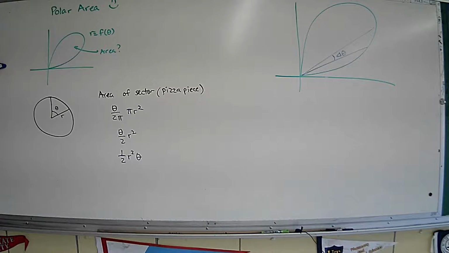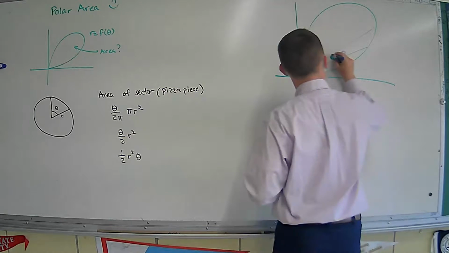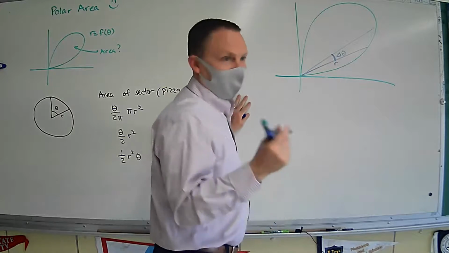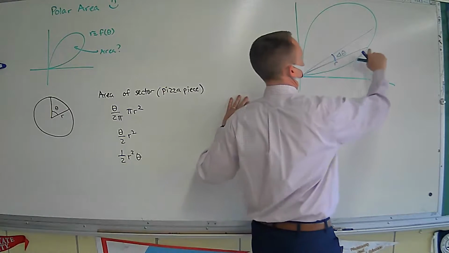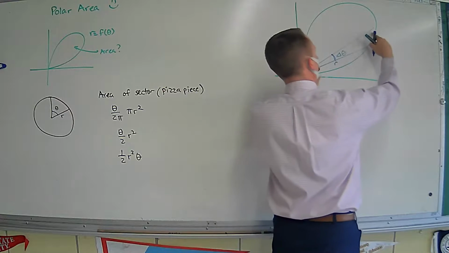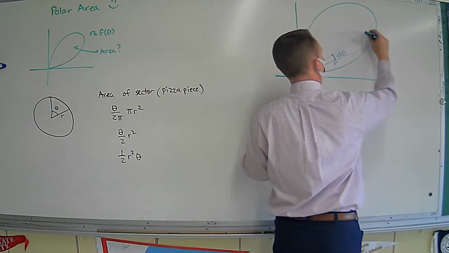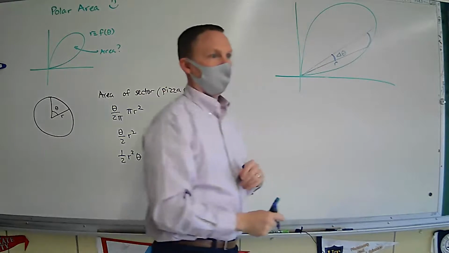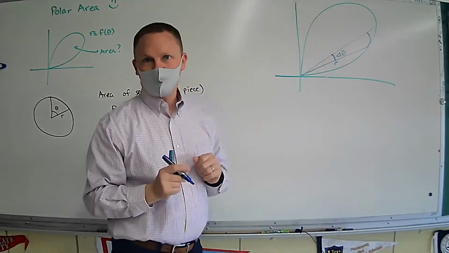Okay? So let's say that this is r, and then this is delta theta right there. So I could say I'm going to approximate the area of this chunk right here by pretending that that's a circle, a little wedge or a little piece of pie.